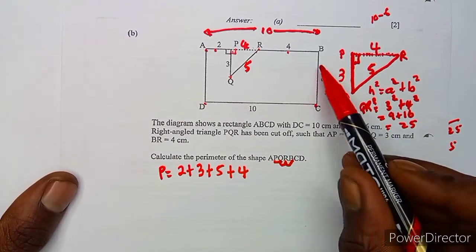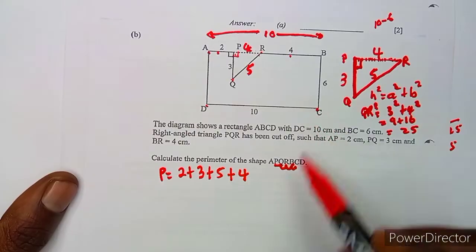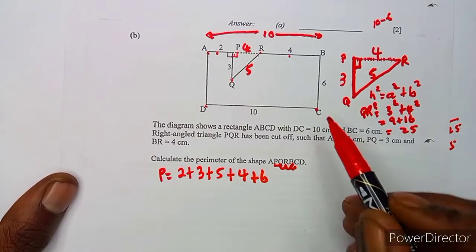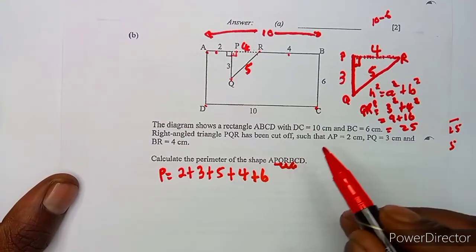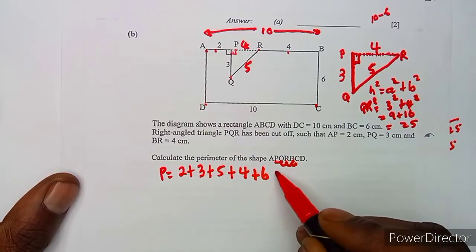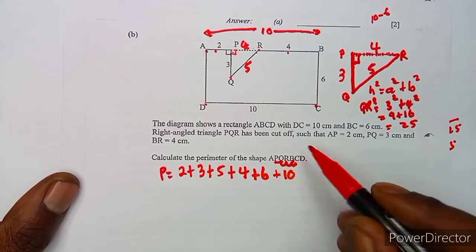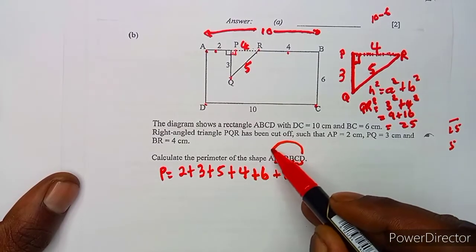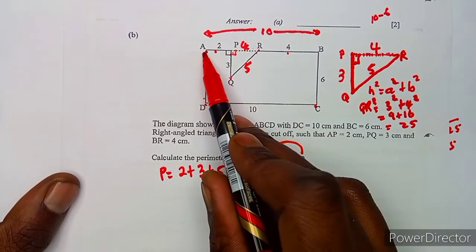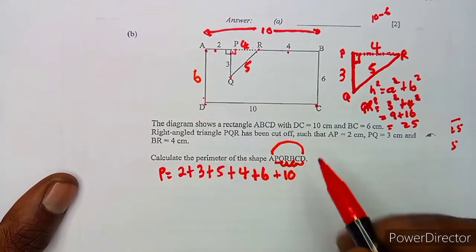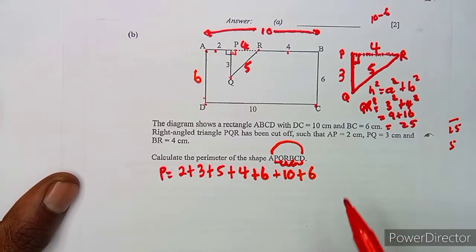Plus B to C, this one, which is 6. Plus C to D, okay? C to D, which in this case is 10, okay? And the last one is D back to A, this one, which is 6. So that is your perimeter.